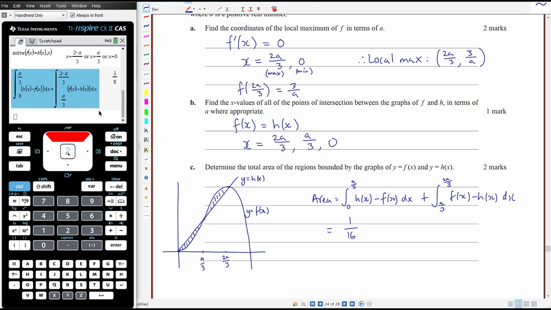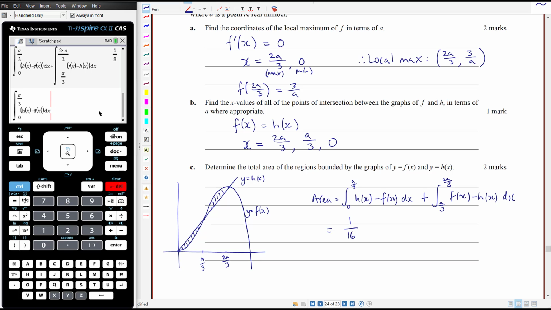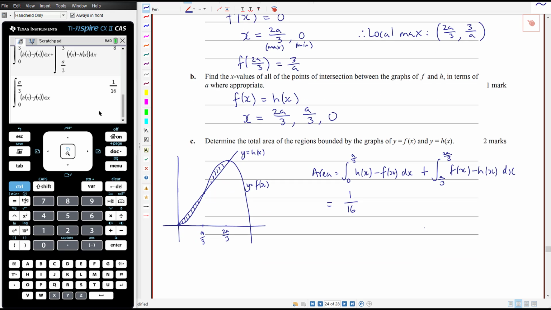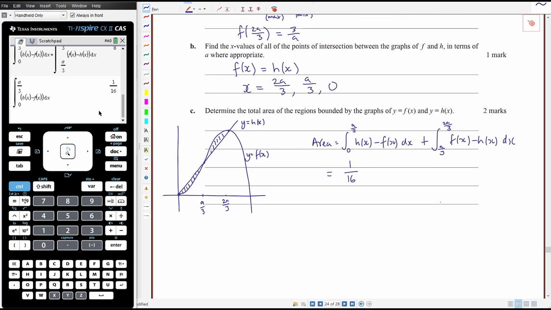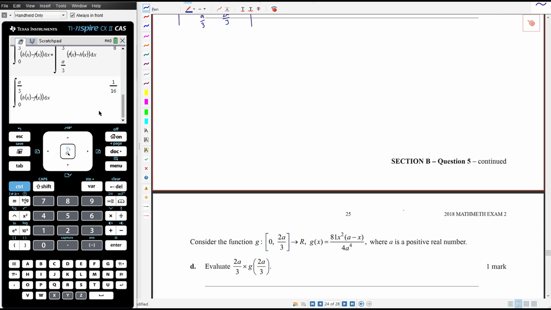Let's just check, if we had just worked out one of these integrals, it's 1/16. So yes, we could have just doubled one of them if we thought a bit about the symmetry, which we had done. But as I said, you've got your CAS, it's not too much harder to find the total area, just to be sure.